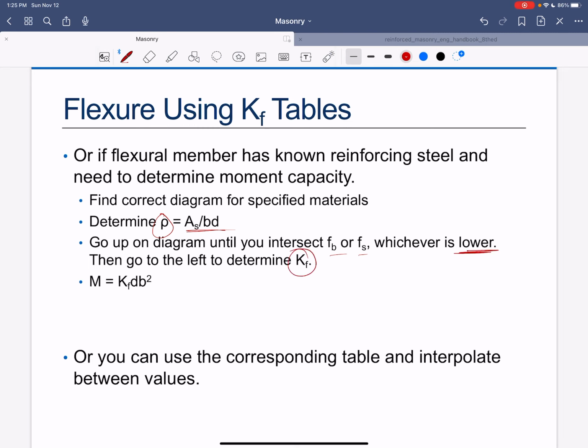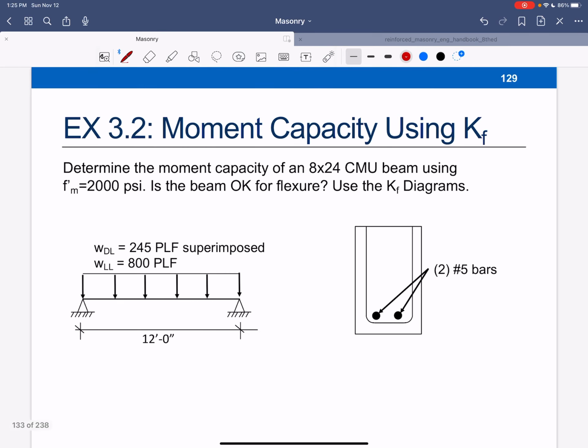And then I figure out what my KF value is. Once I have my KF value, I've got the capacity. If you need to, you can interpolate between values if you fall between the two values.